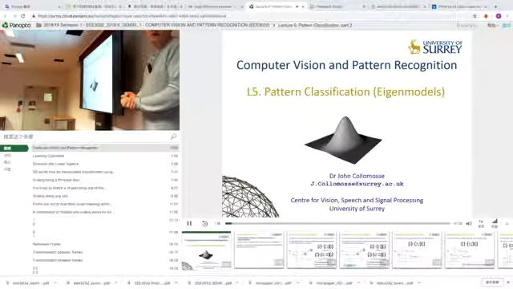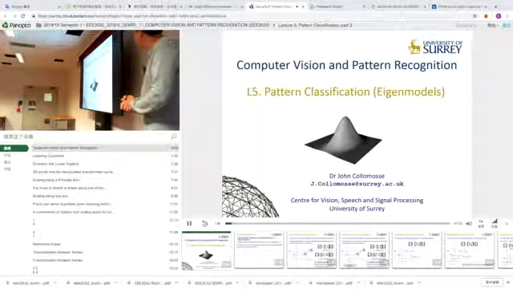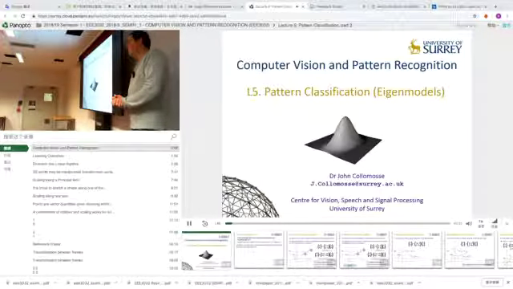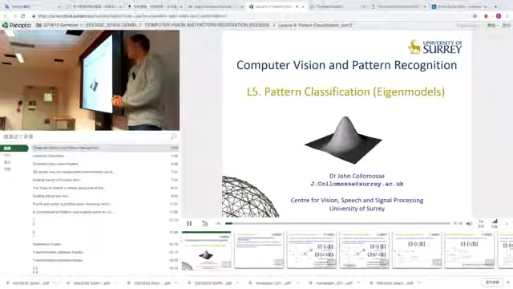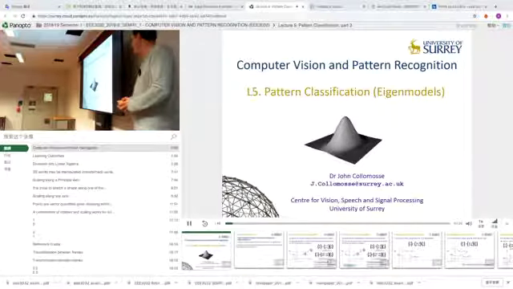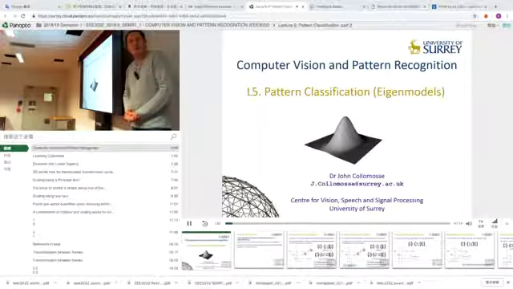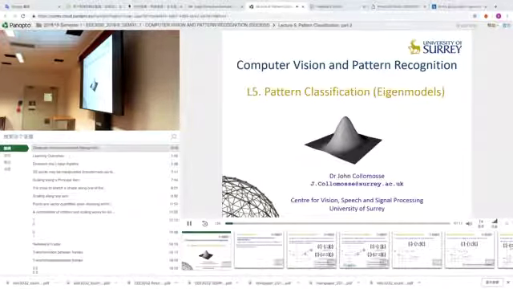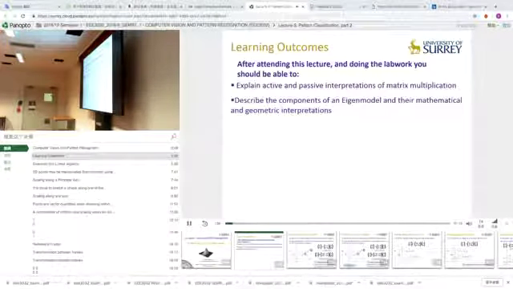In these 2 hours, I'm going to introduce to you the concept of eigenmodels, which are a way to model a training data distribution, not just by its mean, but also by the spread of that data. And we'll see that can give us a more accurate classification performance. So the learning outcomes for this session are, first of all, a little bit of a diversion into some linear algebra, some matrix math, just to make sure everyone's up to speed on that.